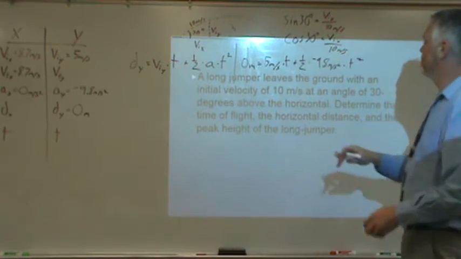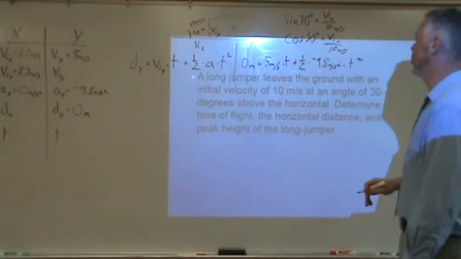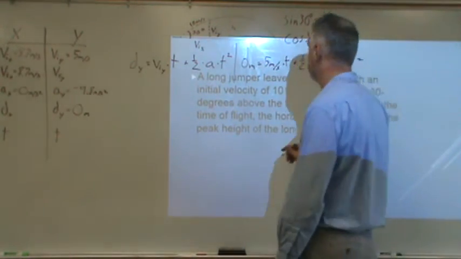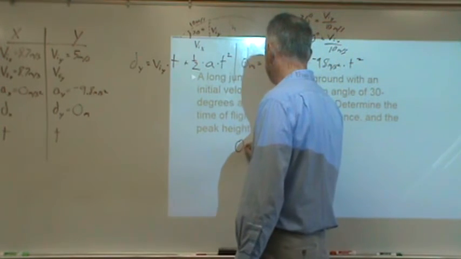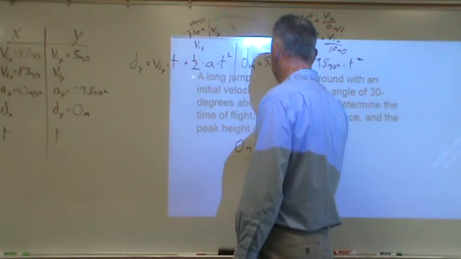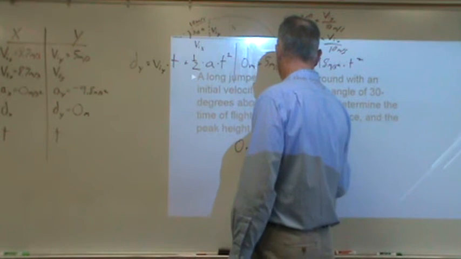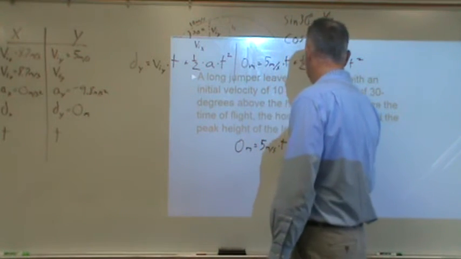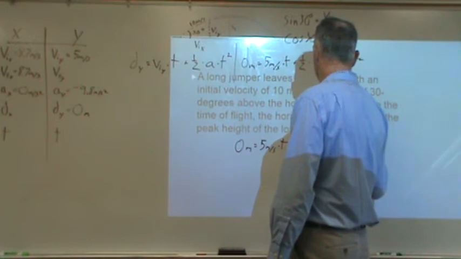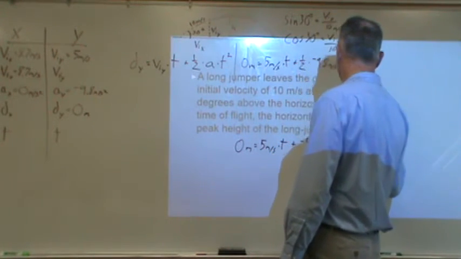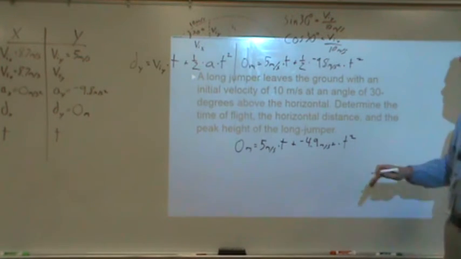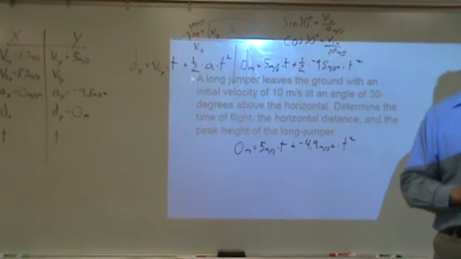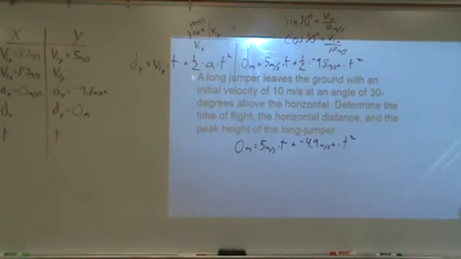Now, 1/2 times negative 9.8 meters per second squared gives me negative 4.9 meters per second squared. So I'm just going to go through step by step. 0 meters equals 5 meters per second times time, plus negative 4.9 meters per second squared times t squared. What can I do with this negative 4.9 meters per second squared times t squared? I can add it to both sides.